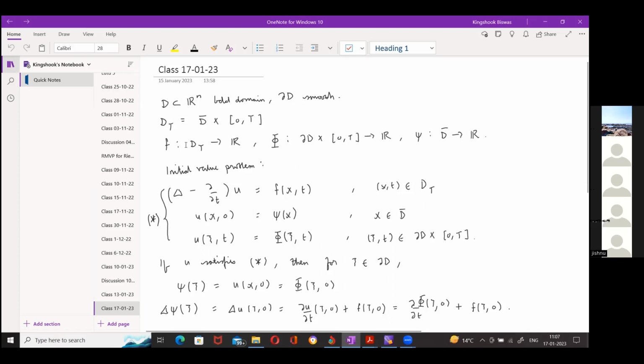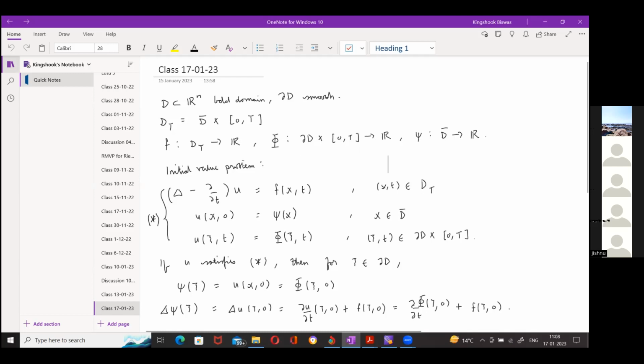So f is, say, a smooth function on this cylinder mapping to R. Capital Phi is a function on the vertical sides of the cylinder, so on boundary D cross [0,T] to R. And psi is a function on, you think of it as a function on the bottom of the cylinder, from D closure to R, okay?